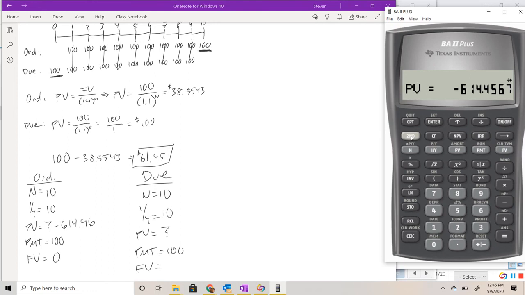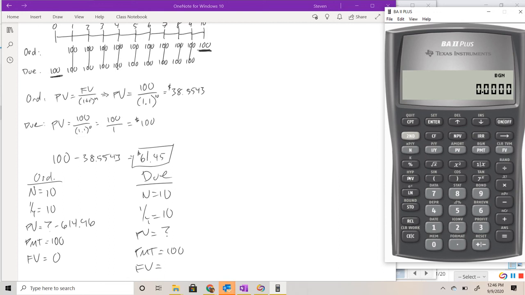The way I do that is by hitting the second key and then BGN, which is right above the payment key. Right now it's in end mode. The way I toggle it to begin mode is by hitting second and set. And now you can see BGN on there, and it also puts BGN in the top right corner when I clear out of that. That's a big flag telling me that the calculator is assuming annuity due, or payments at the beginning of the period, which is not normal. Those are a little weird to work with, which is why it shows those settings.